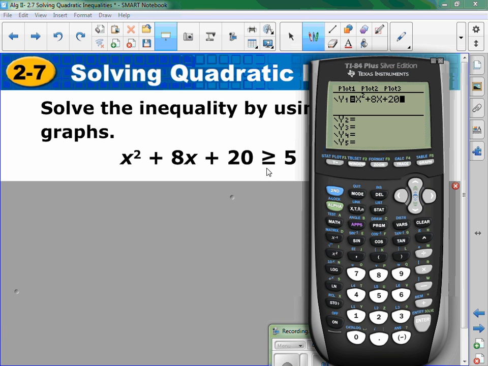Put the one side in y1, second side in y2. Once we do that, let's hit zoom 6. That way everyone gets taken to the exact same screen. If you do zoom 6, it takes you to the same standard window.